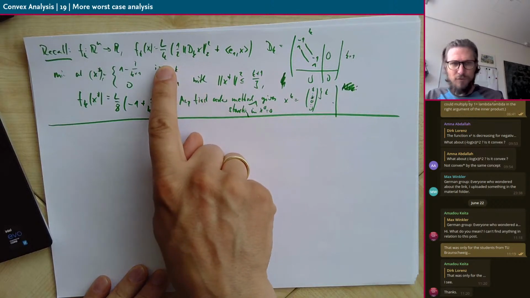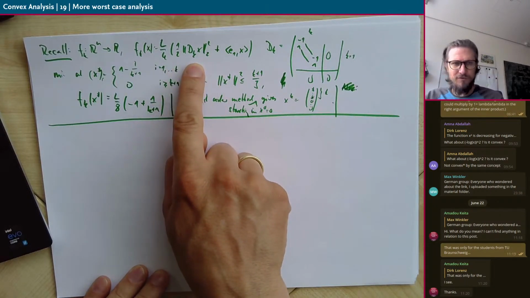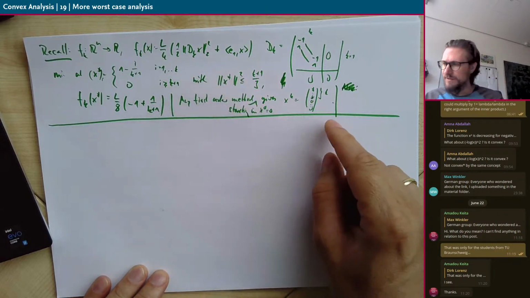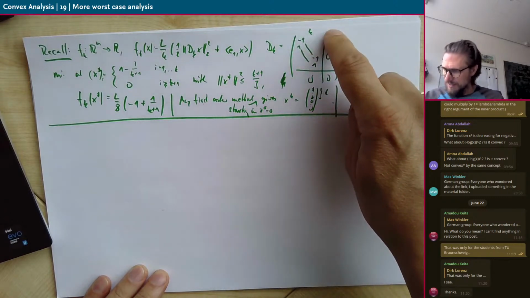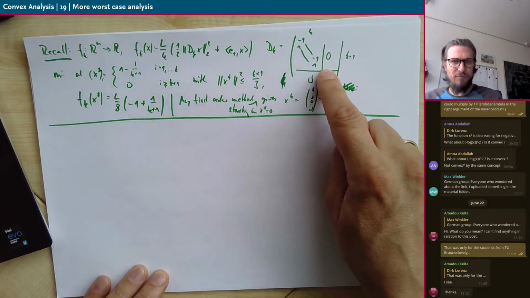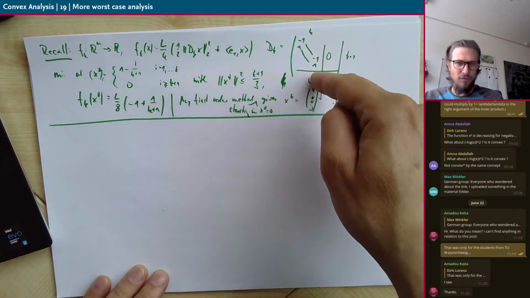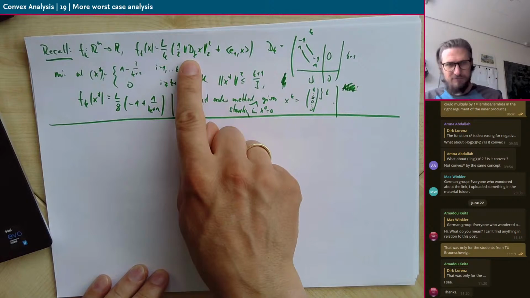It's L over 4 times 1 over 2 times the norm of D_k x squared plus the first entry of x. And this D_k is an n by n matrix looking like this. It has a k times k plus 1 block in the upper left corner, with minus 1s on the diagonal and 1s below that.